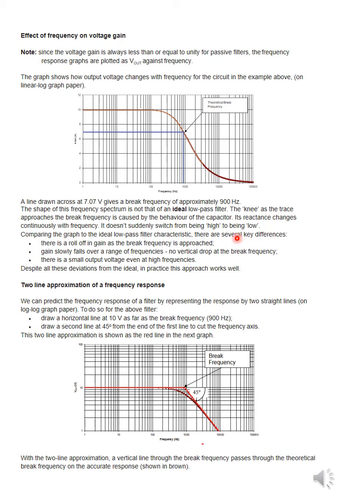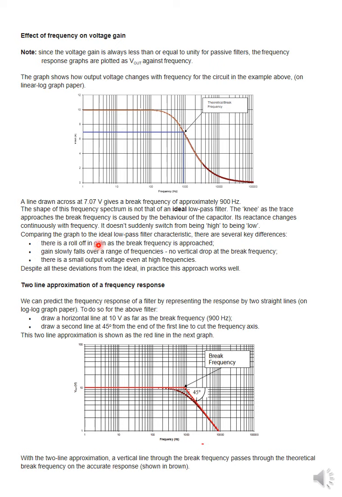Xc is equal to 1 upon 2 pi f C. So the frequency changes the reactance. If the frequency is high, the reactance is low. If the frequency is low, the reactance is high. Due to this the filter is not able to switch ideally.